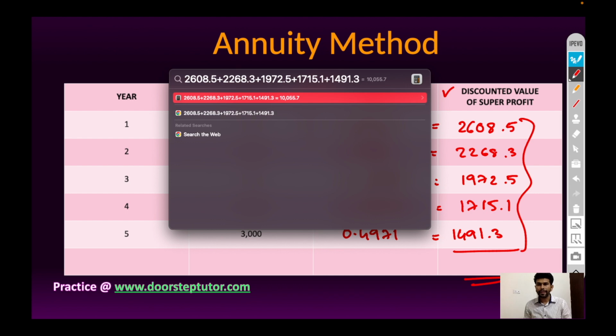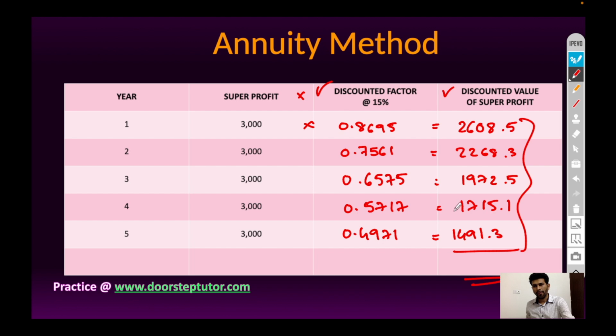Total is 10,055 rupees and 70 paisa, 10,055.7. So this is the value of goodwill by annuity method.